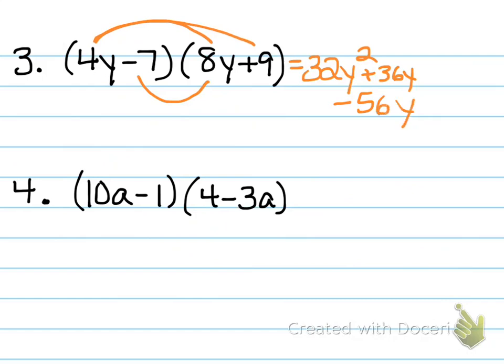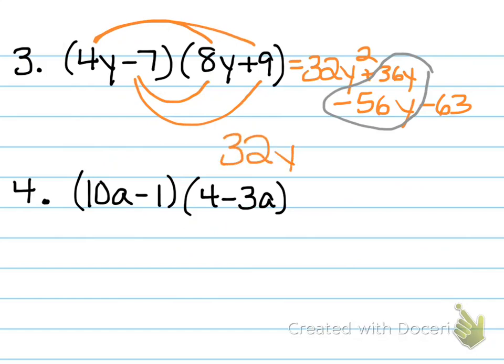I'm running out of room. And then negative 7 times 9 gives me minus 63. All right, so since I'm not on all one line here, here are the terms I can add together. So my final answer is 32y squared minus 20y minus 63.